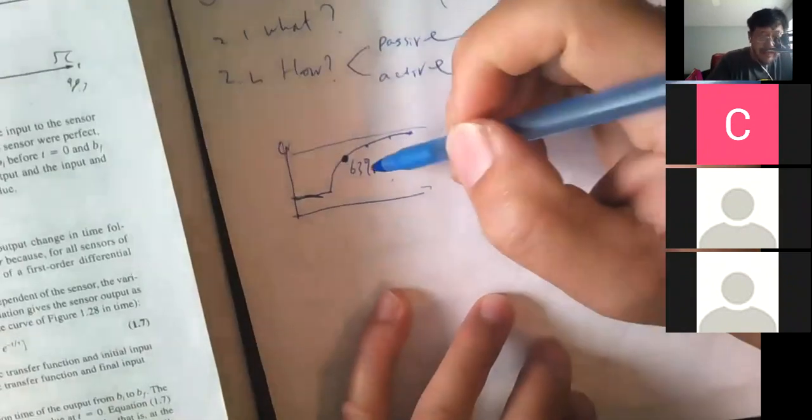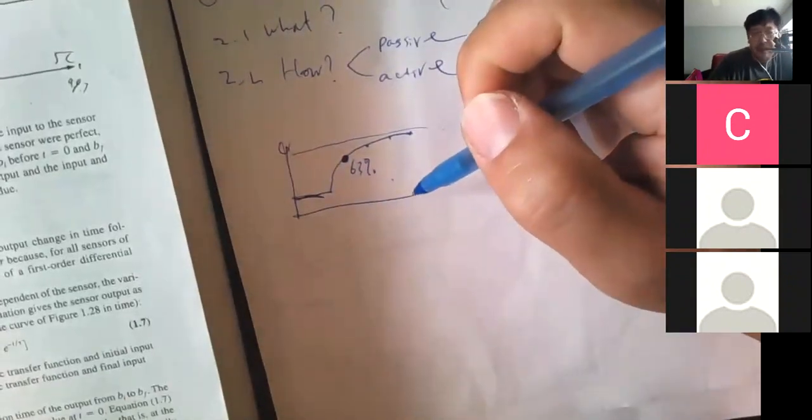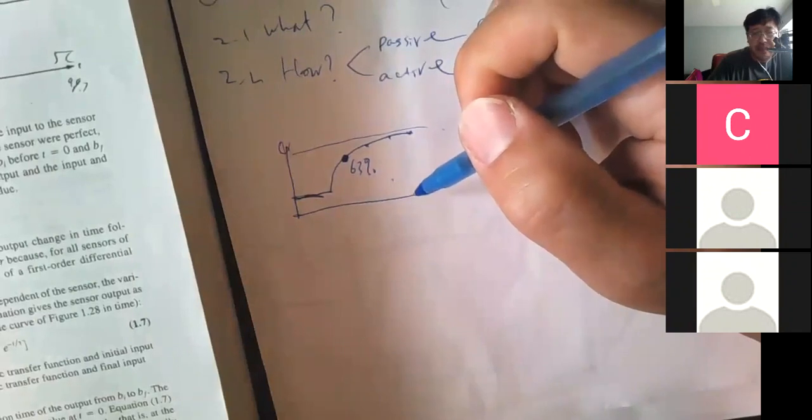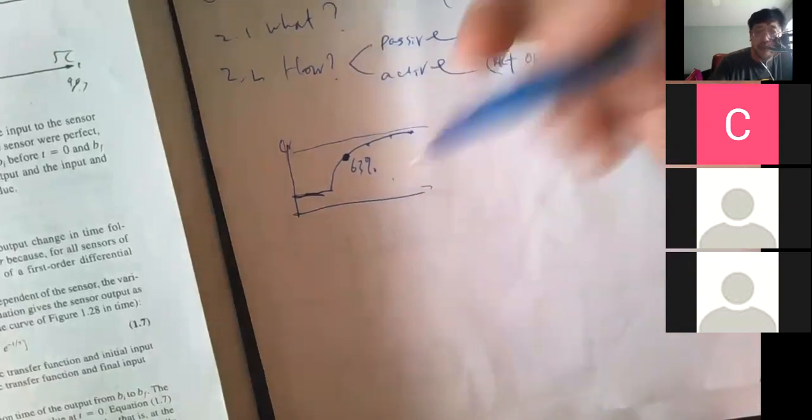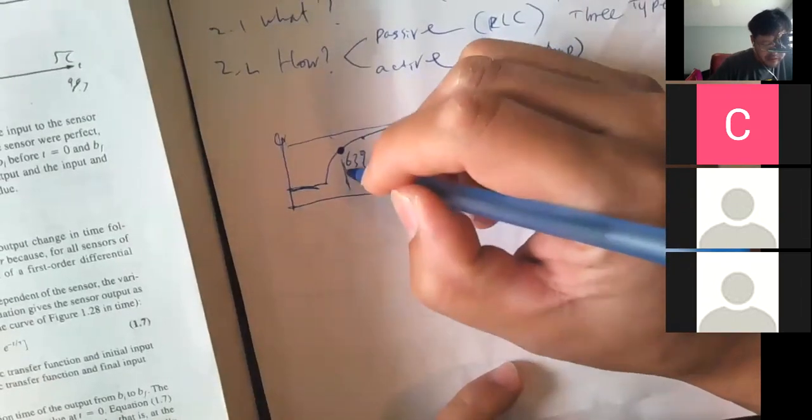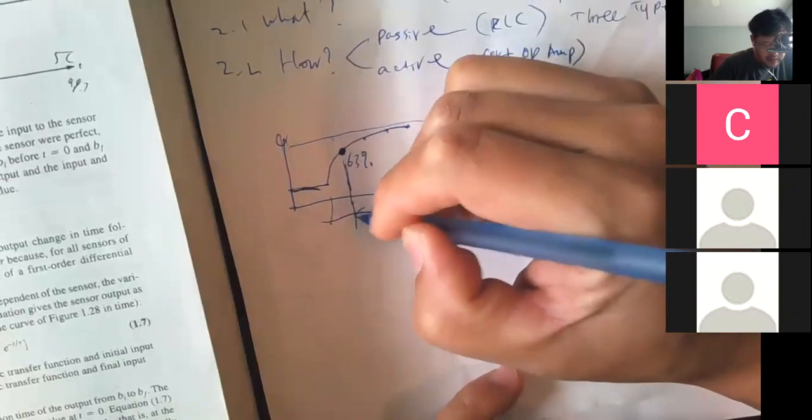Why 63%? It's all about exponential math, so we just accept it: 63% of the finishing time.